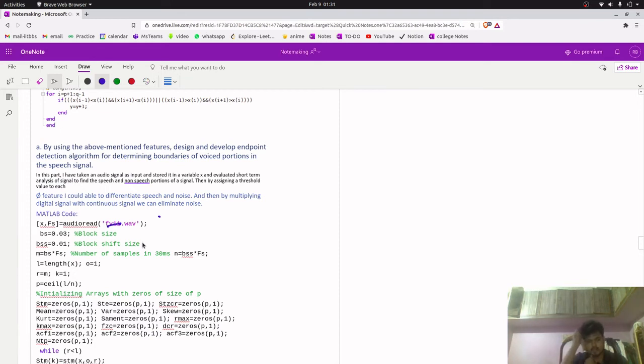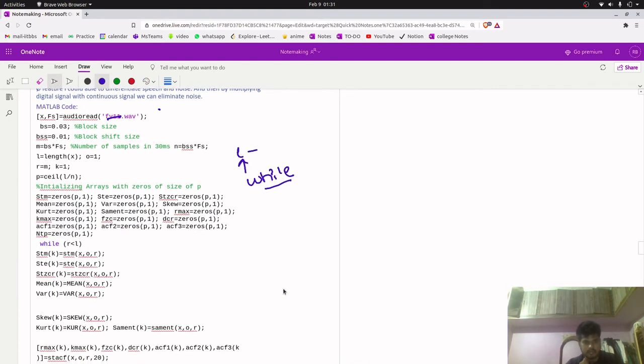Now I have taken L. L is the complete length for which our while loop will run. I will show where L is used. This is the condition where we will exit.